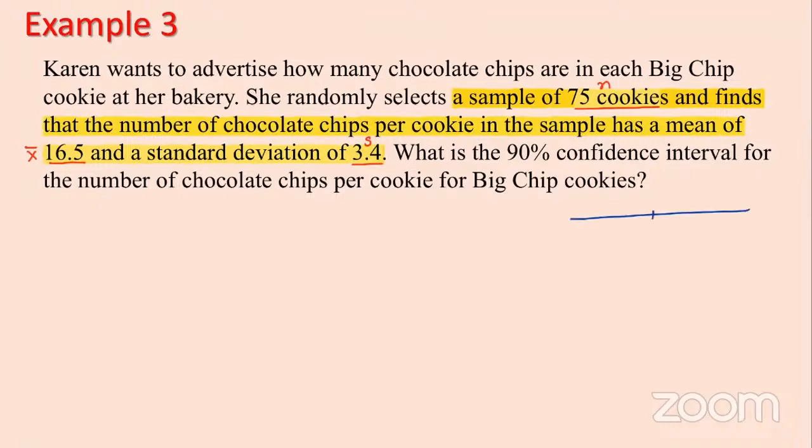What is the point estimate here? Right, that's the sample mean, which is 16.5. Next, we have to find the margin of error, then subtract it to get the lower boundary, and add it to get the upper boundary.